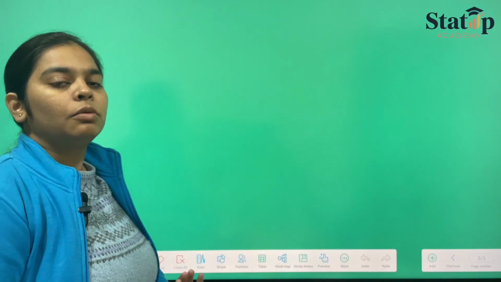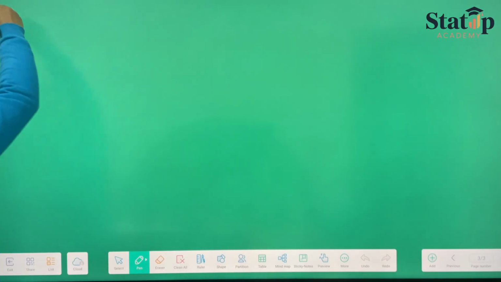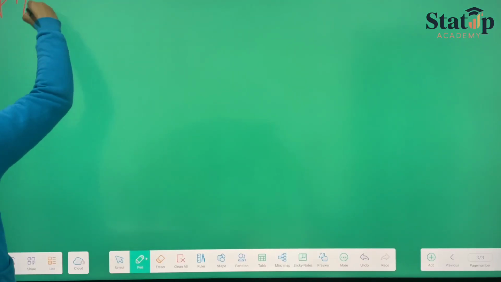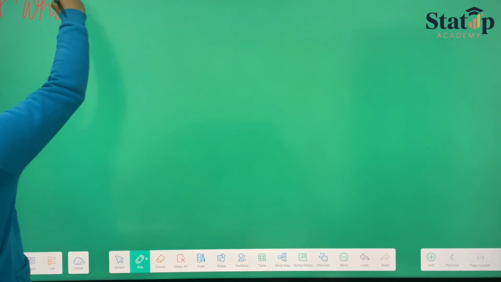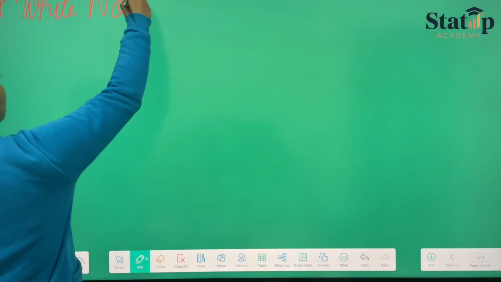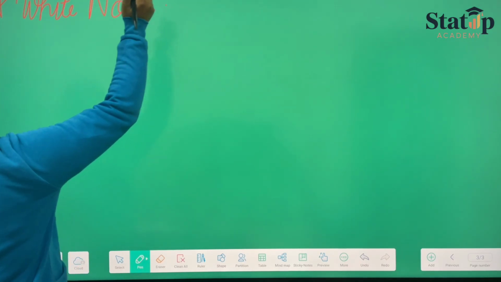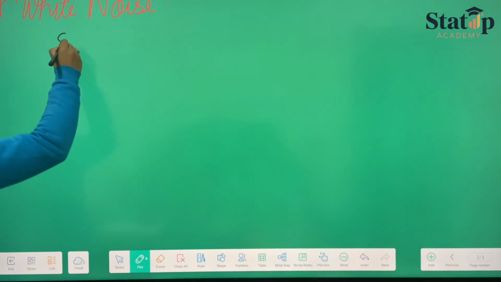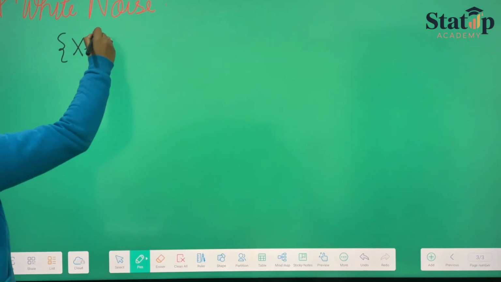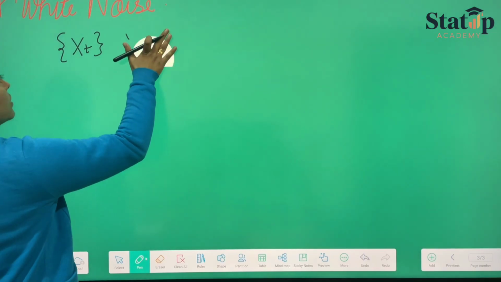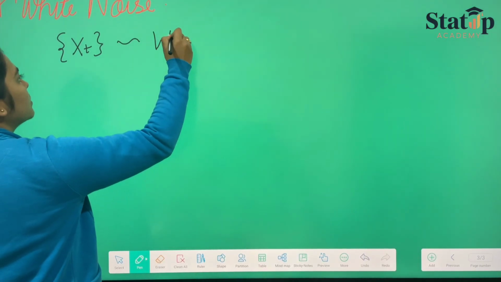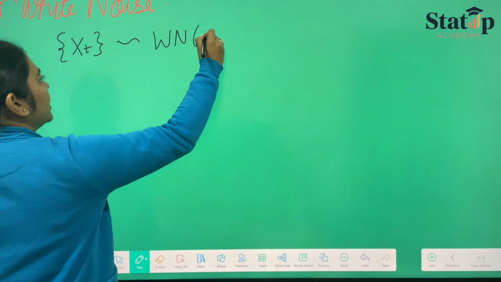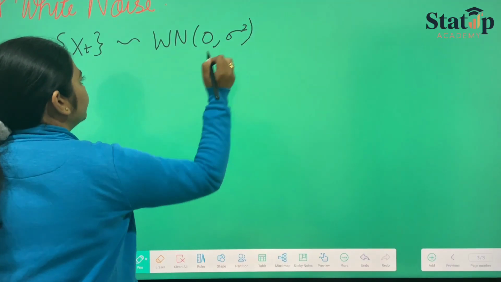The first one is white noise. Let us say that we have a time series xt which is white noise with mean 0 and variance sigma square.